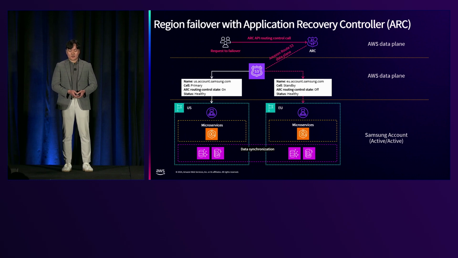After receiving the request, the standby routing set previously configured in the data plane begins routing incoming traffic to the EU region, guaranteeing traffic diversion regardless of the circumstance. Consequently, by leveraging ARC's high availability features, Samsung Account has ensured a robust regional disaster recovery architecture.